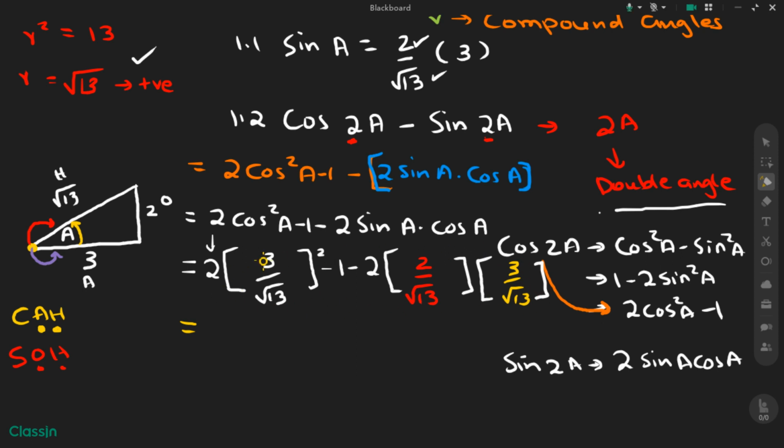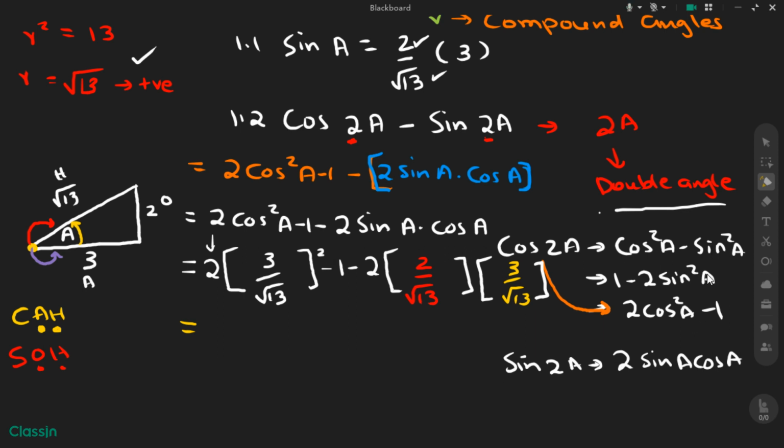When you press the calculator, you will get 2 bracket of 3 over root of 13, close bracket, all squared. Then close bracket. Then it's minus 1 minus 2 bracket.